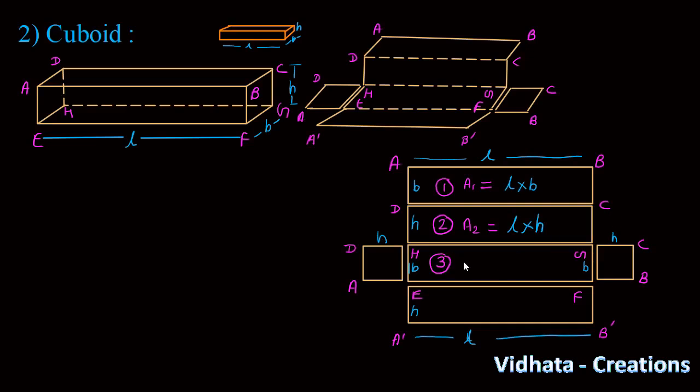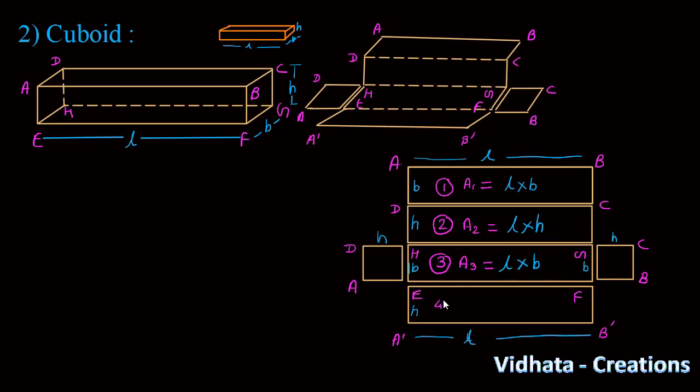In the base rectangle, I will call the area of the base rectangle A3. This is length and this is breadth, so its area will be length multiplied by breadth. Now what is left? Area number 4.